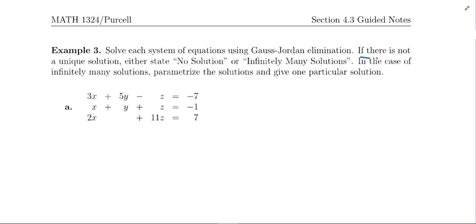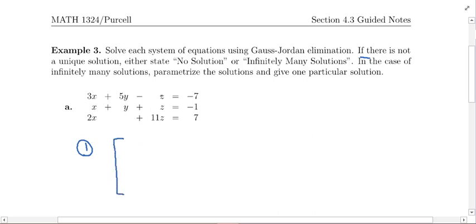All right. First thing we have to do is construct our first matrix. So we're going to translate this system into matrix form. Look at the first equation there. There's a 3 in front of x, a 5 in front of y, a -1 in front of z. Draw your vertical line. There's a -7 on the other side.